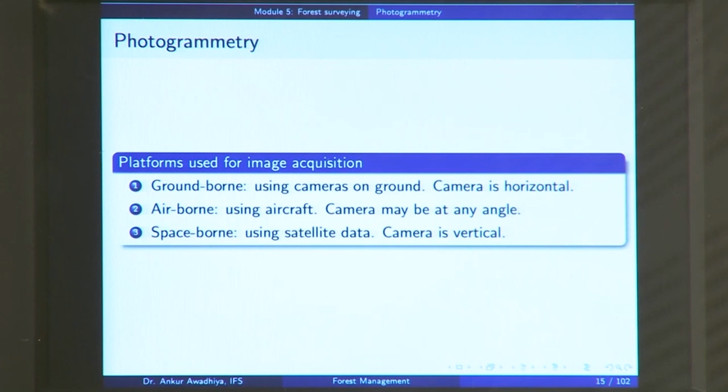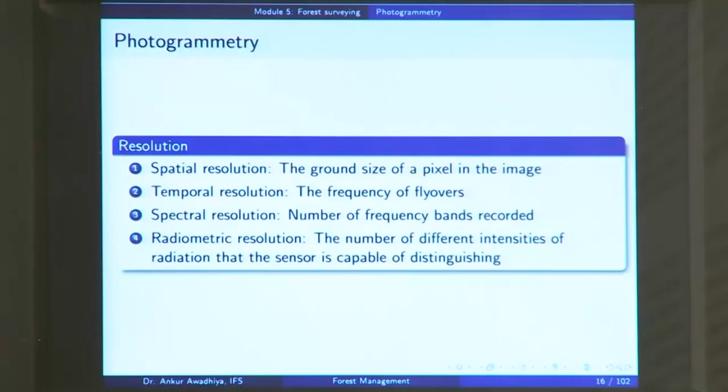Now, when we are taking these photographs, there are some things to be kept in mind. So, you require these photographs, but you require them at a good enough resolution. Now, there are 4 different kinds of resolution that we talk about. One is a spatial resolution, or the ground size of a pixel in the image.